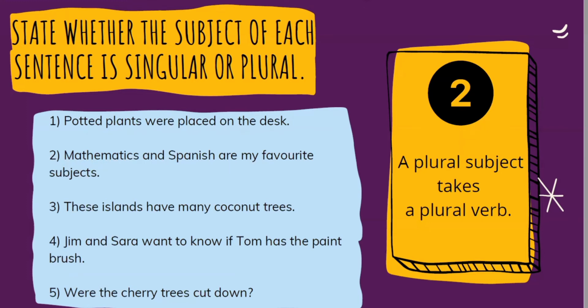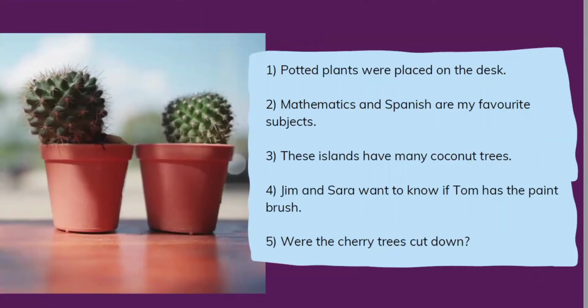Potted plants, more than one. Plural subject, plural verb. So in this instance, we see 2 potted plants on the desk. It can, of course, be more than 2, but we know for sure it's more than one plant. So a plural subject takes a plural verb. Potted plants were.